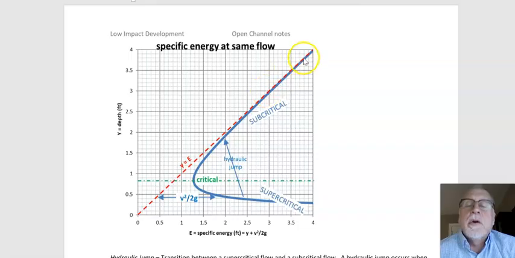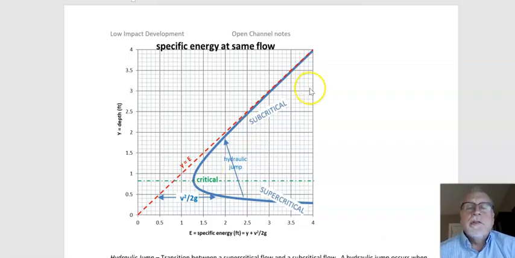When the velocity is very small, the total specific energy is pretty much just the depth. If it's really fast, then the difference between the depth and the specific energy is the velocity head. The point where you get the minimum specific energy is the critical point, where the Froude number equals 1.